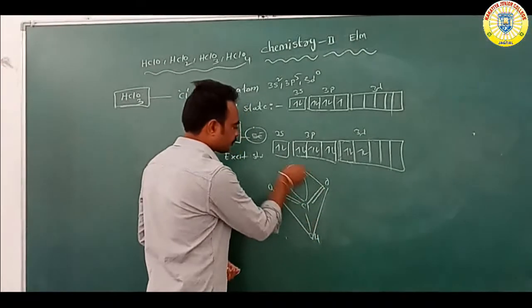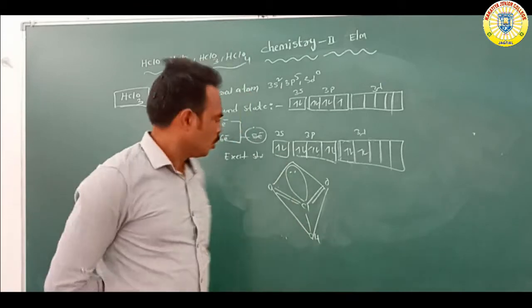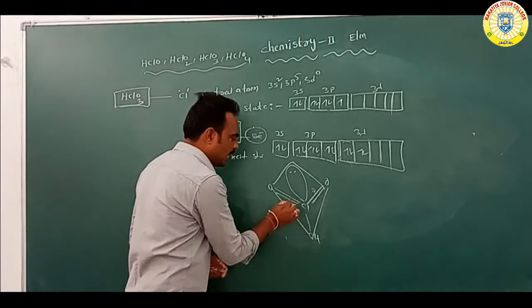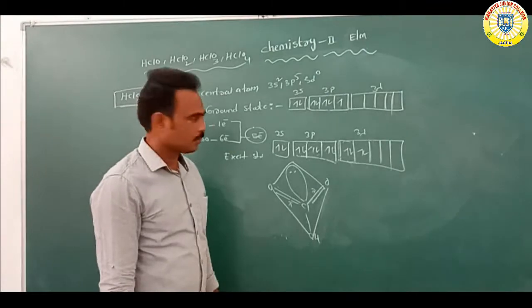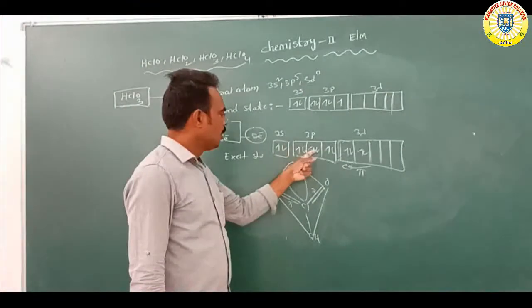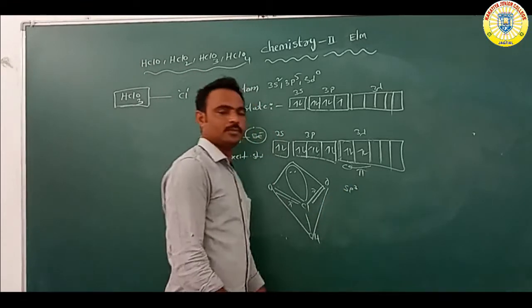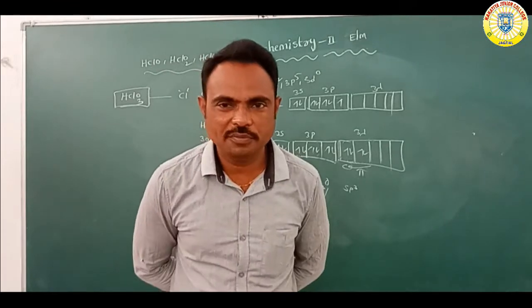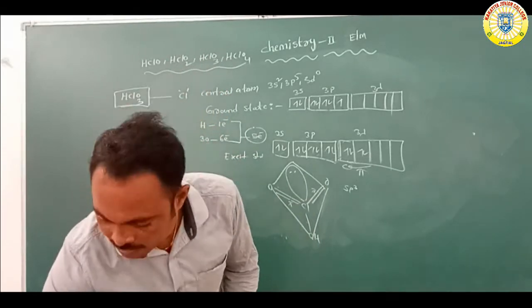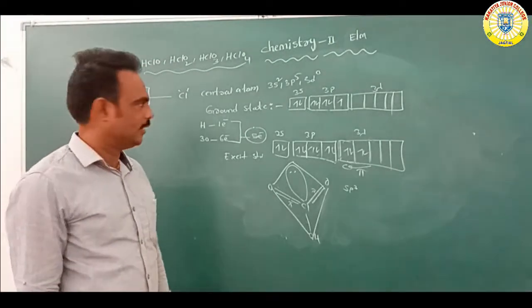So it is sp3 hybridization with a tetrahedral shape. That is HClO3. Next, HClO4.